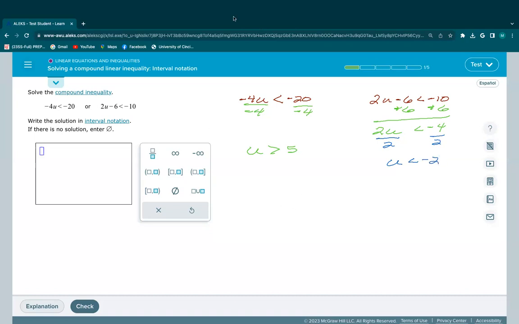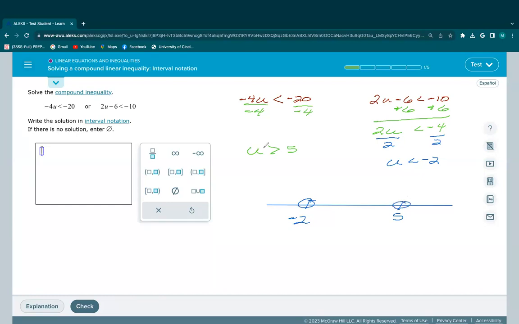All right, so yet again, it's an or, so I can go with either. There's my line. I need them to be in order. So I want my negative 2 here, and I want my 5 here. They both have open circles because neither one is or equal to.